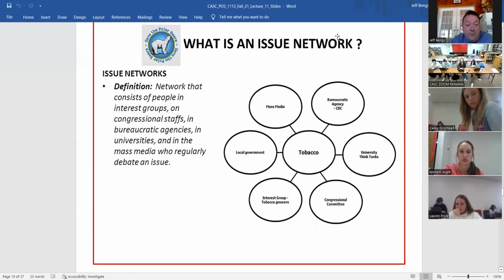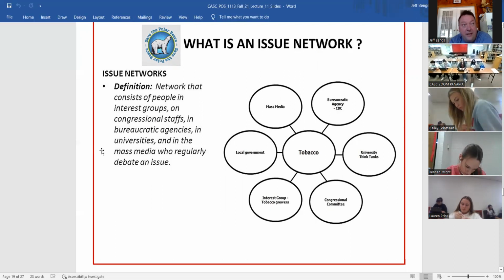And you can see here it's got people from interest groups, like an iron triangle. It's got people from Congress, and it's got bureaucracies like an iron triangle, but also it will use people from universities, university professors. So if we continue to use our example from the iron triangle, you have the American Association interest group.